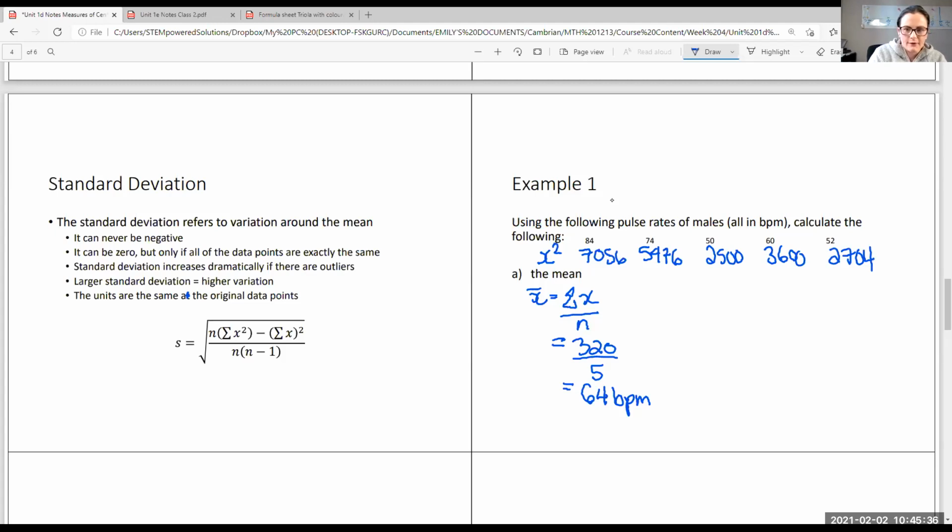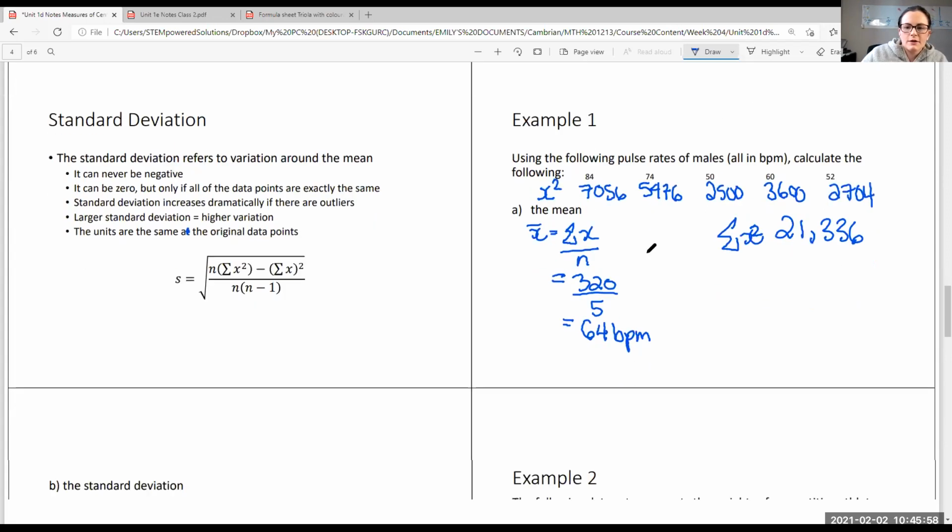Now we're going to sum all of those up. So 7,056 plus 5,476 plus 2,500 plus 3,600 plus 2,704 is 21,336. So that's the sum of our x's squared.